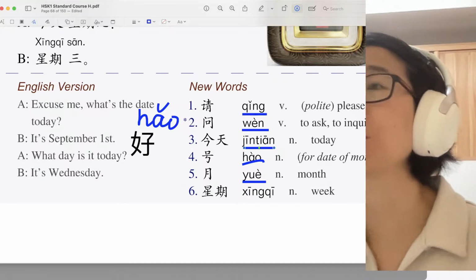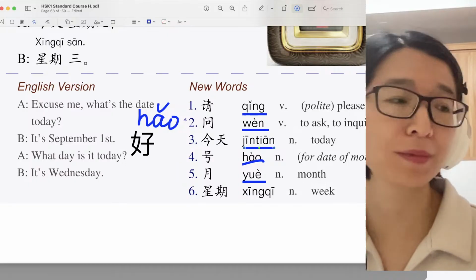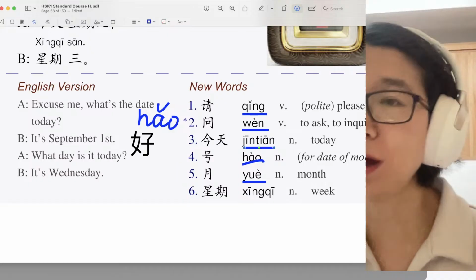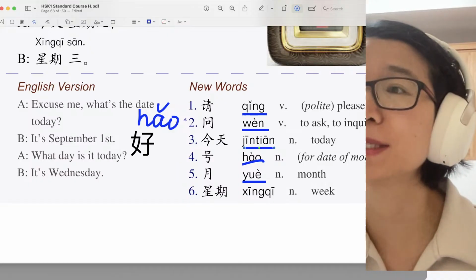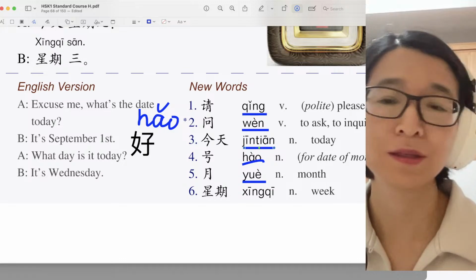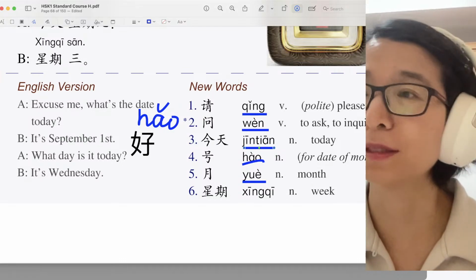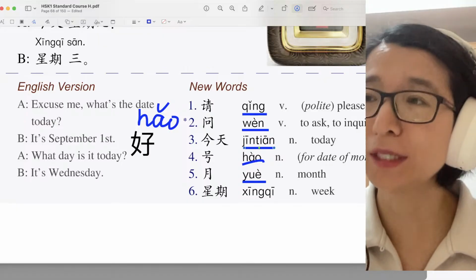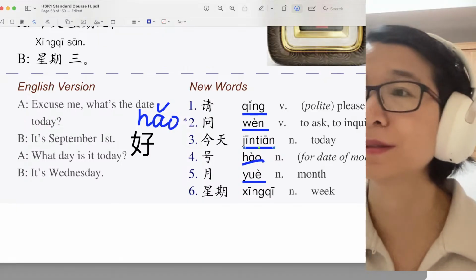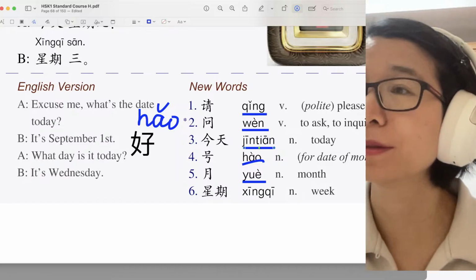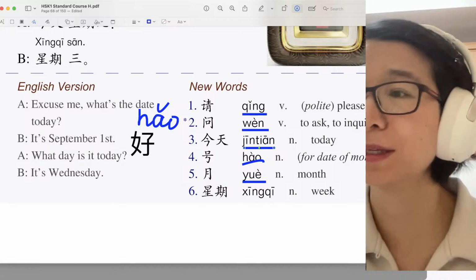Okay, I'll say one more time. So what is it? Is it falling tone, or is it third tone? Falling tone, third tone. Tell me.